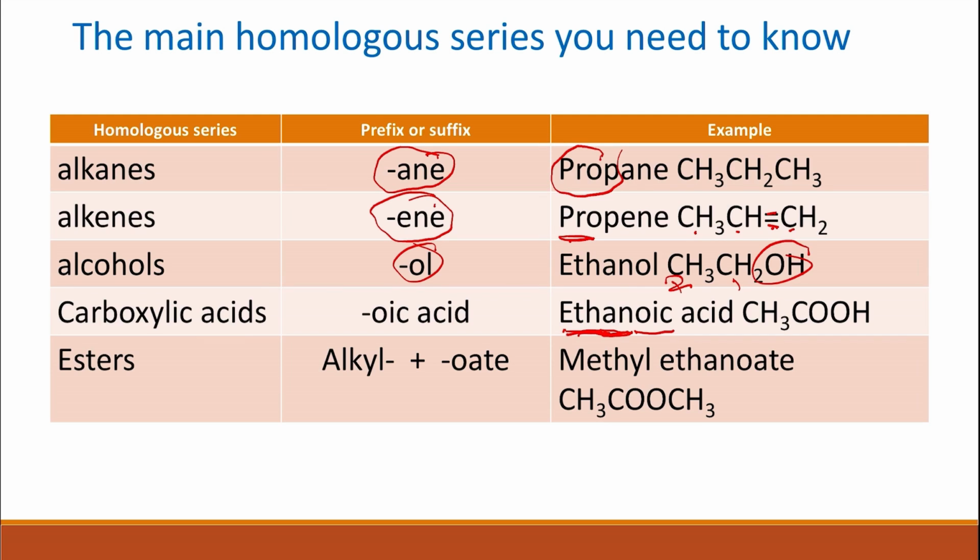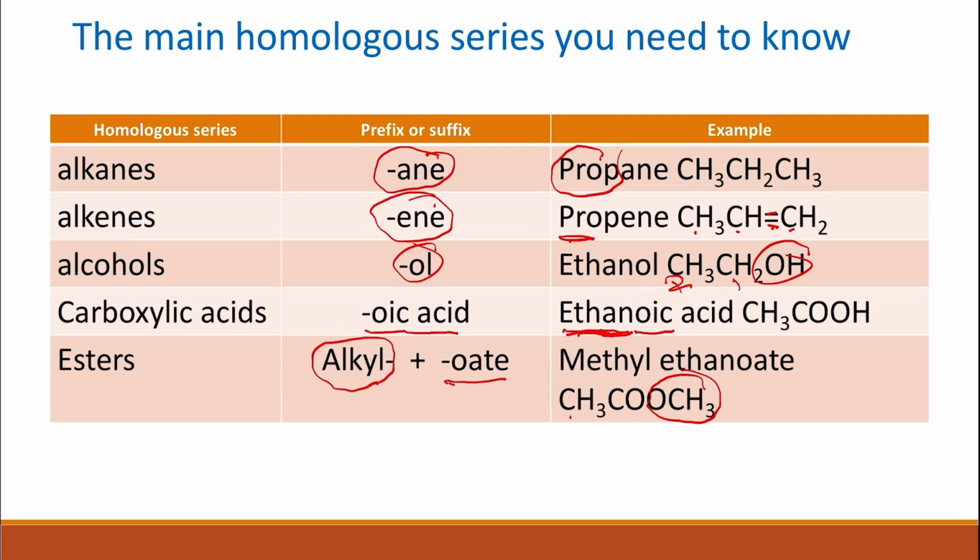And then the esters, and for esters we use a different naming. The first part comes from the alcohol, and we call this an alkyl. We name it according to the number of carbon atoms. So if it's coming from methanol as an alcohol, we're going to call it methyl. If it's two carbon atoms, it's going to be ethyl, and so on. And then for the second part that comes from the acid, we're going to replace the oic acid with oate.